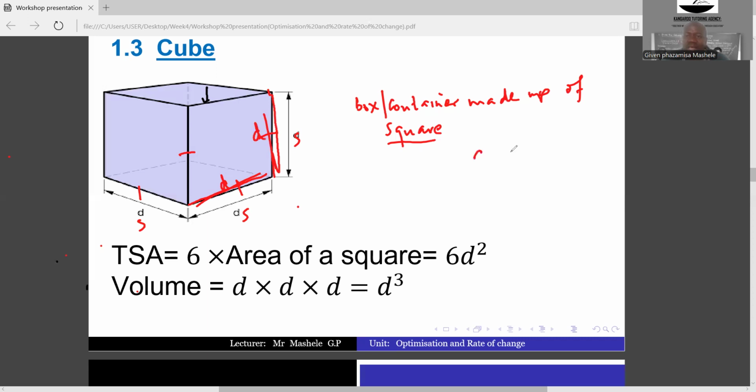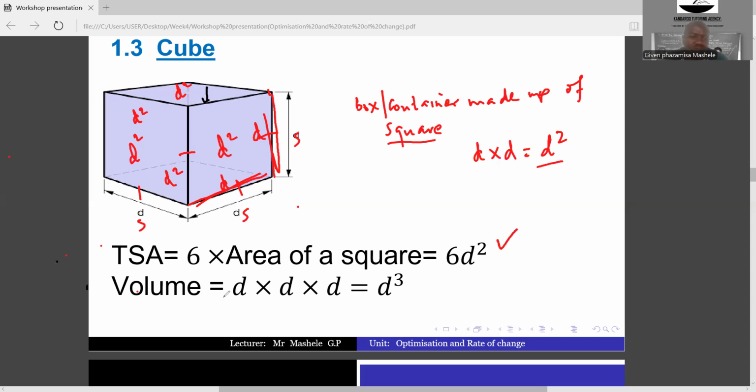The area is D times D. This gives us D squared. So this one has an area of D squared. This one also has an area of D squared. Even the base has an area of D squared. Even that other part has an area of D squared. Then we add all these areas, it will be 6D squared, because it's D squared plus D squared plus D squared plus D squared plus D squared plus D squared, and all of them are 6D squared.